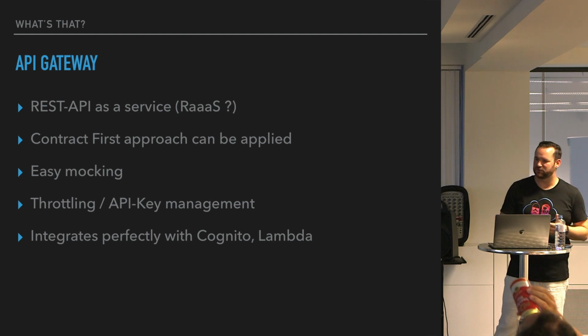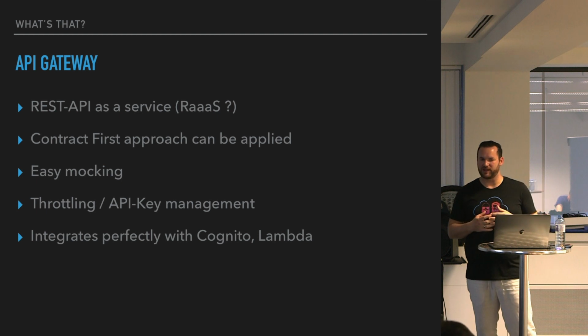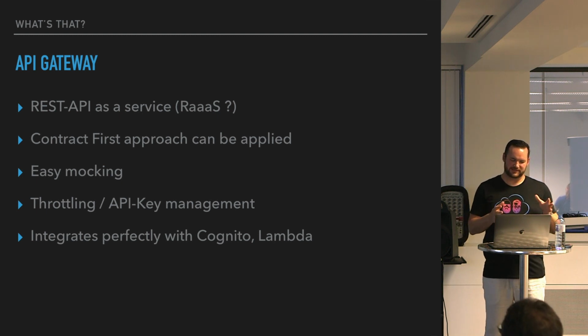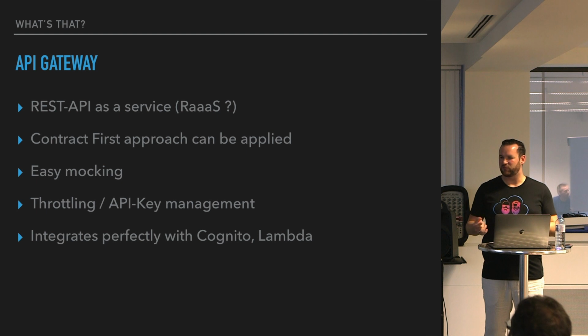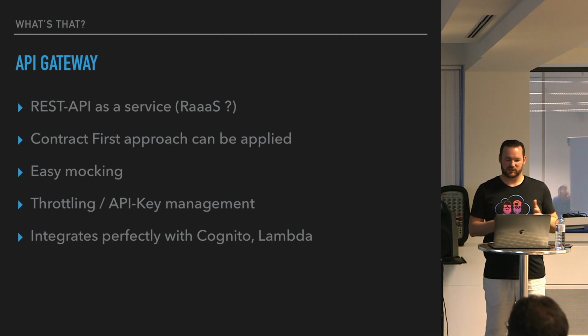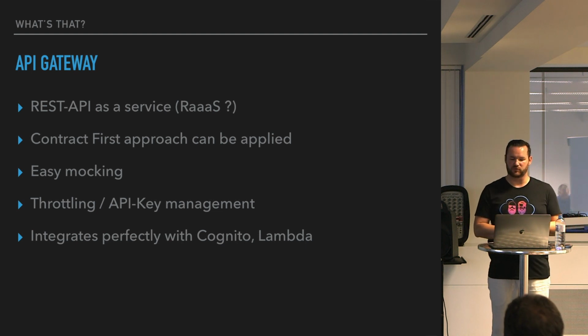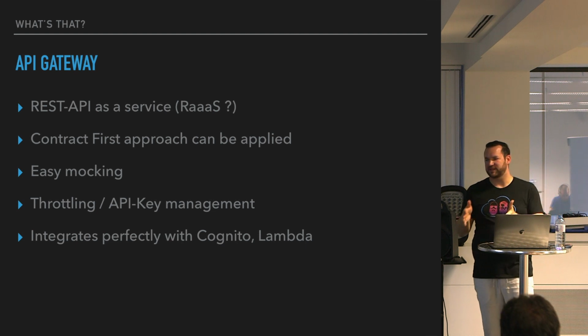So you define your models, you define your endpoints, and you can easily use mocking for providing a stable and designed REST API before actually implementing the REST API. And the very cool feature is throttling and API key management. So it throttles requests automatically for you, and you can define keys that you give to third-party customers or to any customers that use your API, and you can track down access rights, and you can track down capacities that are consumed by those API keys.